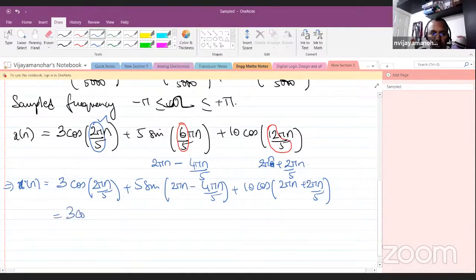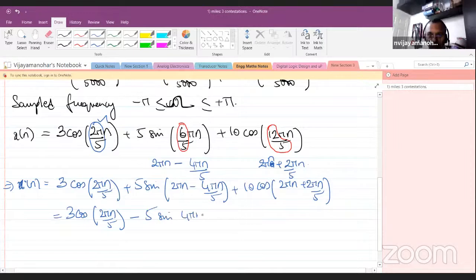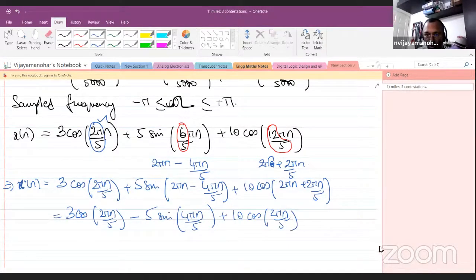This will be 3 cos 2 pi n by 5 minus, why minus? Because this is going to be sine of 2 pi minus theta, which is going to be minus sine theta. So minus 5 sine 4 pi n by 5 plus 10 cos 2 pi n by 5. So this is also 2 pi n by 5.